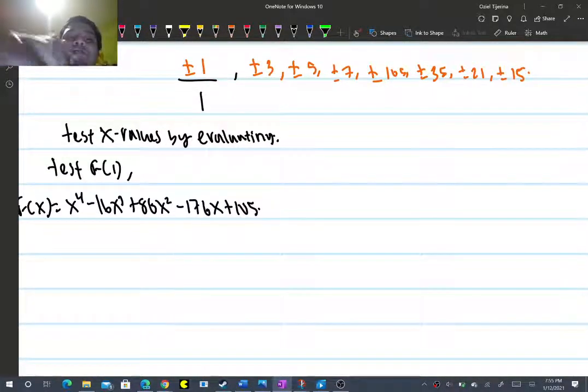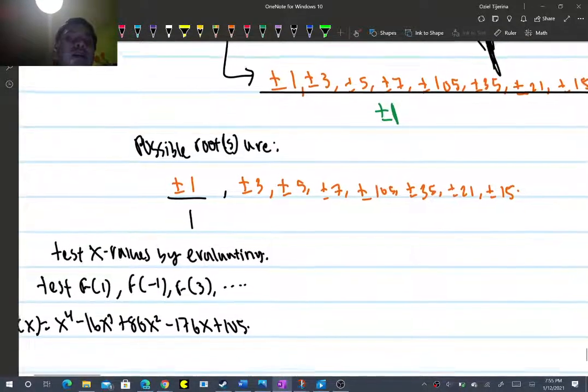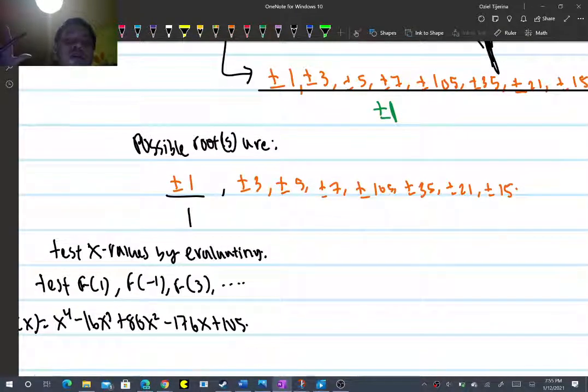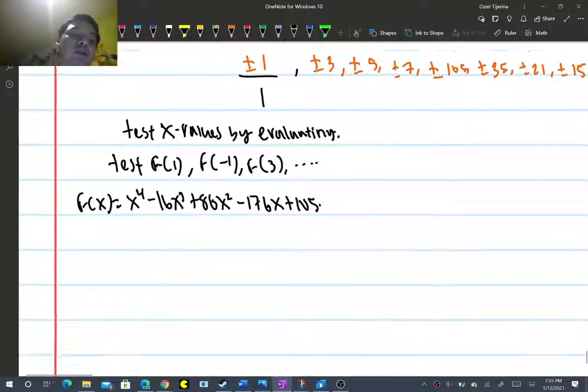You're going to test f of 1, f of negative 1, f of 3, and so on, until you see that they're actually equal to 0. And if it is equal to 0, then you can say that it is a root.